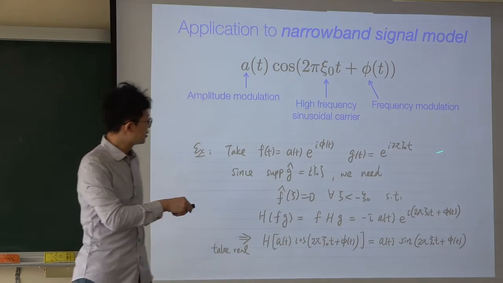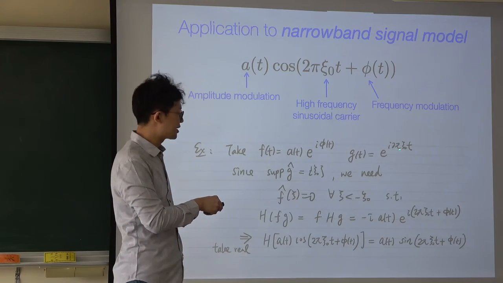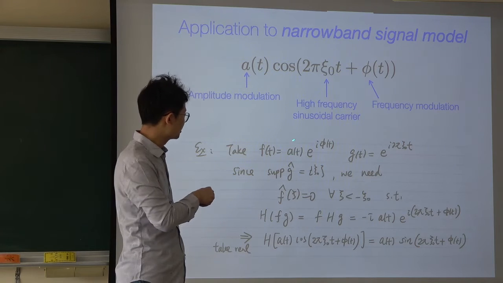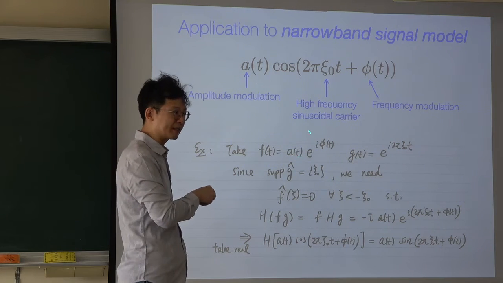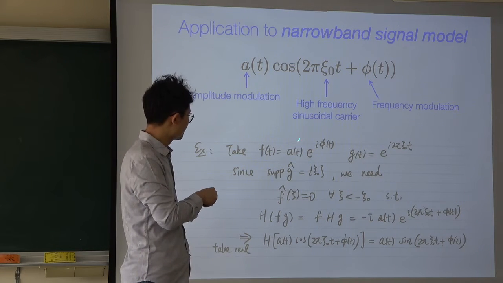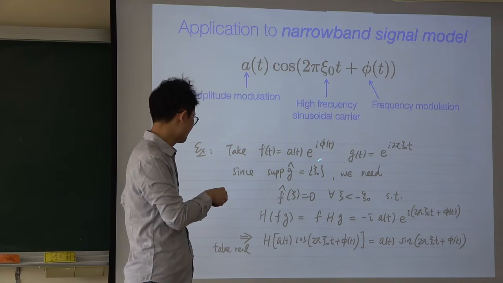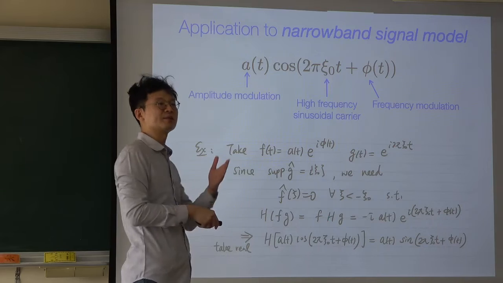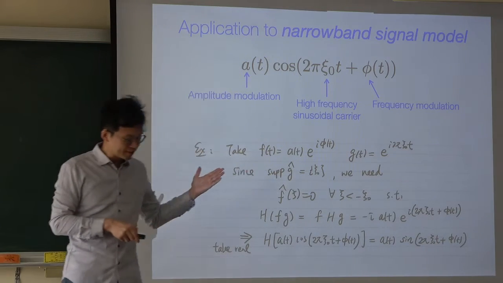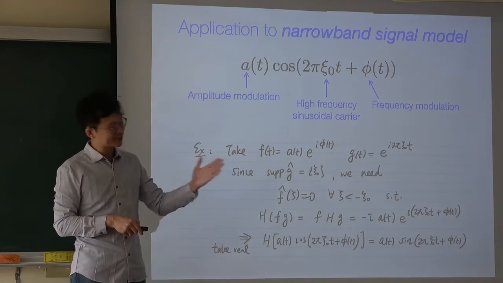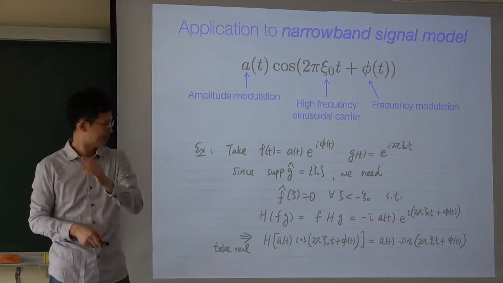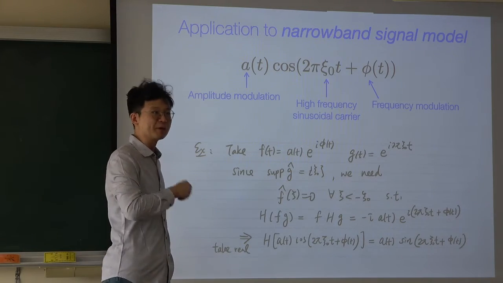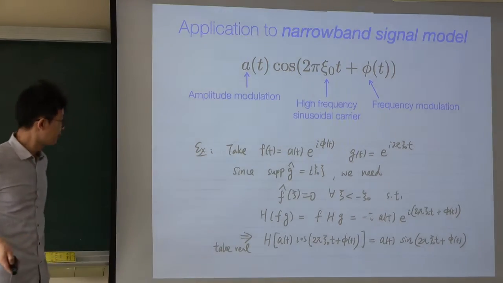Okay, so if c0 is high, then you can include a lot of information inside A and phi, so that if its power spectrum is one-sided, single sideband, okay, then you can get something you like, which is good.